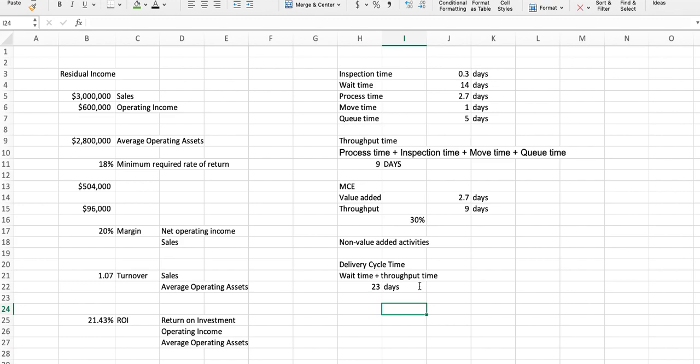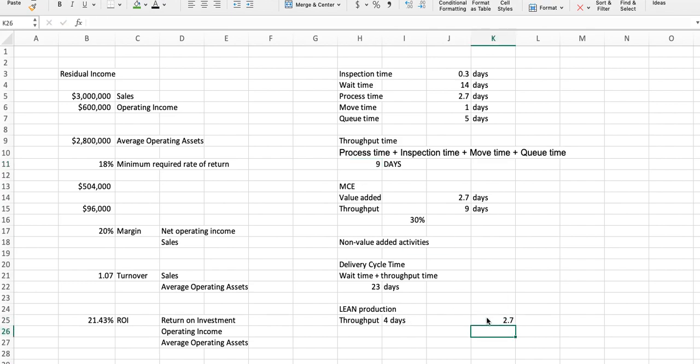And then it asks us in this problem, if by using lean production, all queue time is eliminated. So in other words, nothing's ever sitting there waiting to be queued up. What would be the new manufacturing cycle efficiency? So if we take queue time out, then our throughput time becomes 4 days, because it was 9, but we're going to get rid of queue time.